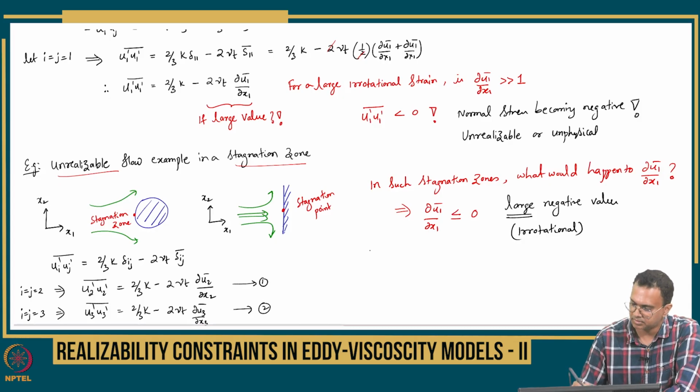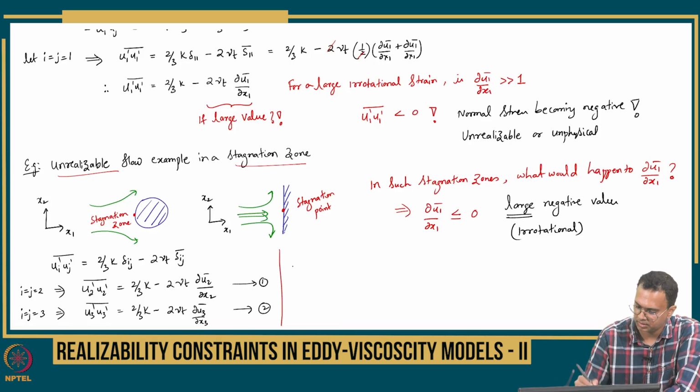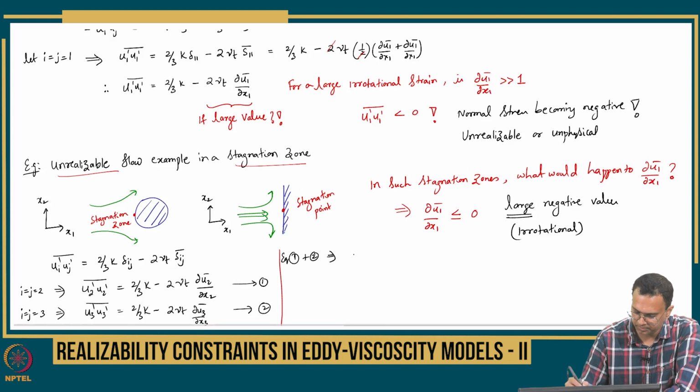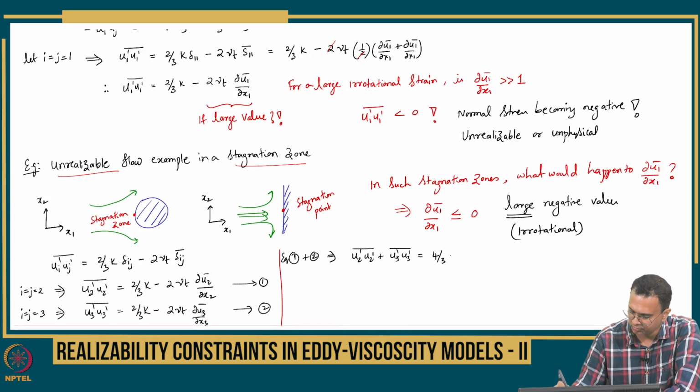Now if I add these two, adding 1 and 2, equation 1 plus 2 will give me u2 prime average plus u3 prime average equal to 4/3 k minus 2 nu t times ∂u2 bar by ∂x2 plus ∂u3 bar by ∂x3.